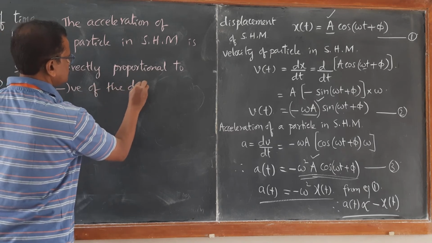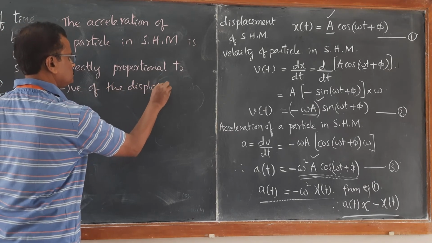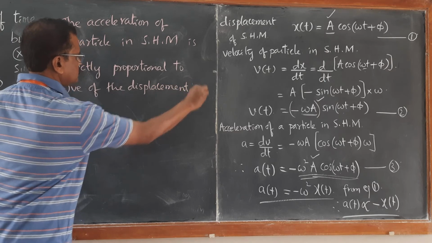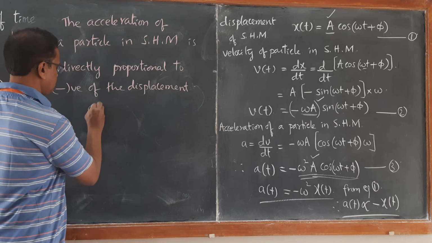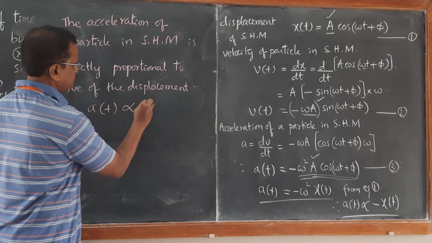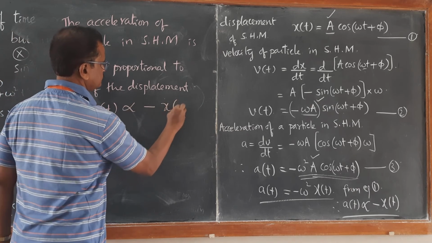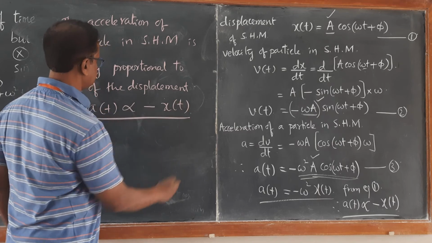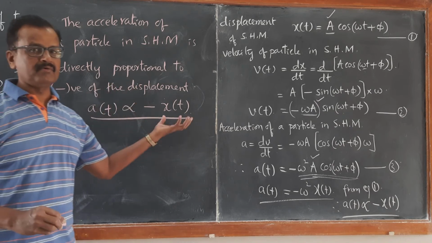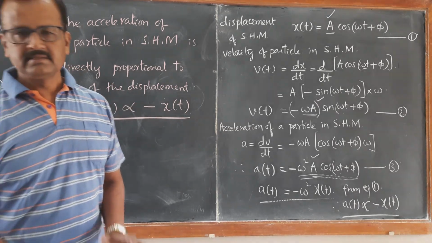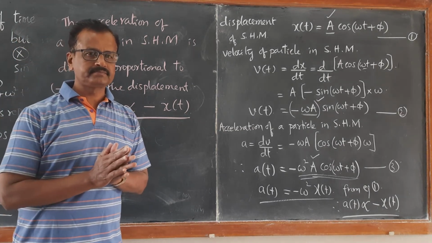It means it is directly proportional to displacement, but in the opposite sense. If there is such a condition in any form of motion, that form of motion definitely represents simple harmonic motion.